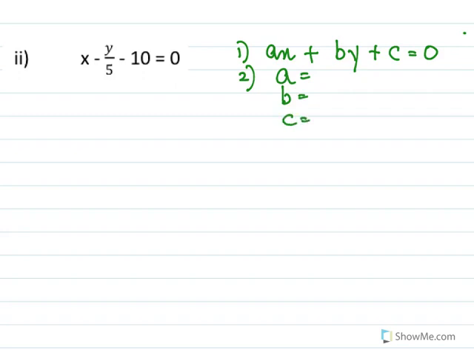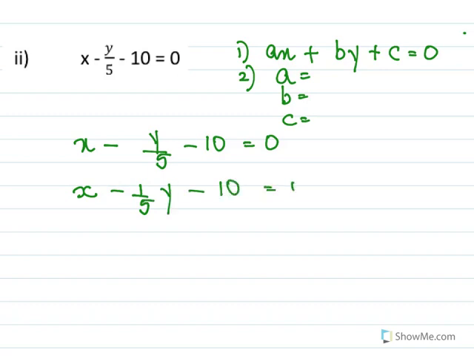So let's do the first step of writing x minus y by 5. This is what is given to us. So we have x. Now this term I can write it as minus 1 by 5 into y. It's the same thing, equal to 0. Now when we compare it with the standard ax plus by plus c equal to 0, now see here there is no coefficient of x, that means it is 1.